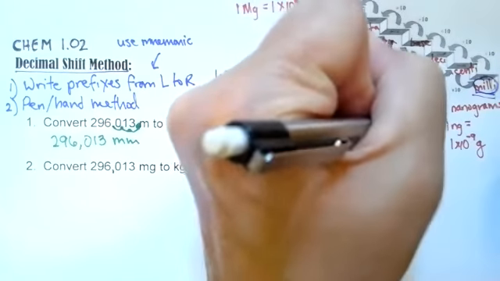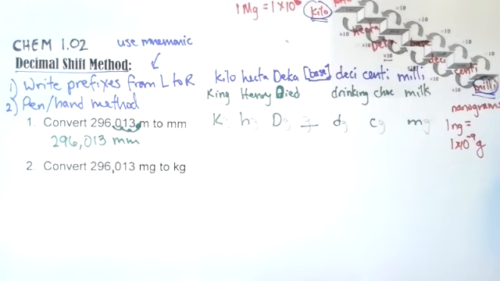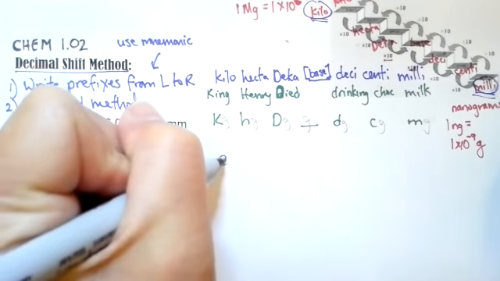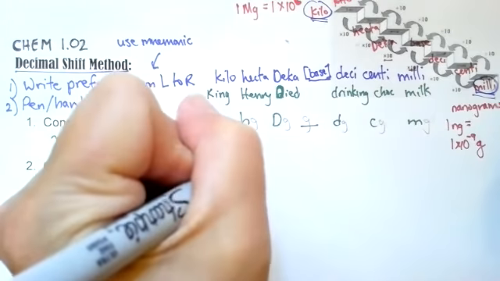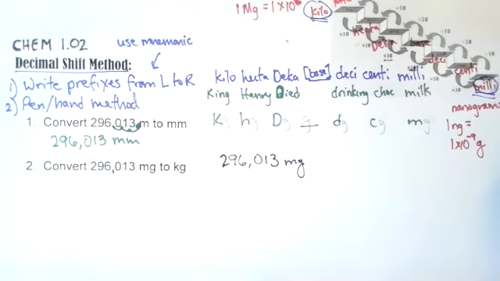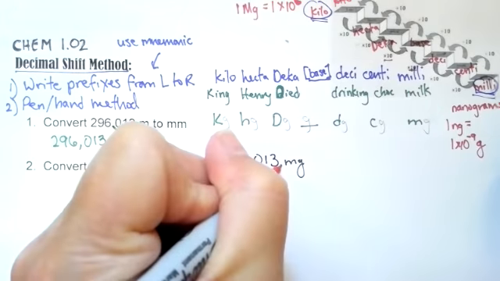Kilogram, hectogram, decagram, gram, decigram, centigram, milligram. And I'm going to rewrite it over here, 296,013 milligrams. And I want to go to kilograms. Well, I don't have a decimal here. Remember, the decimal is always at the end of the number. So my decimal's here.